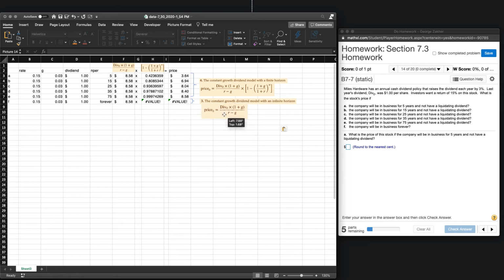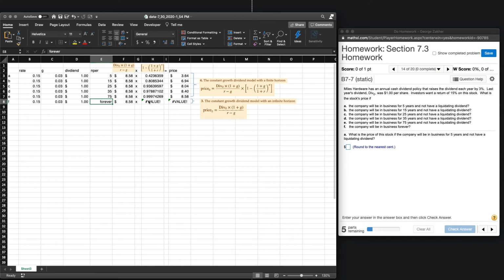If you look at this, technically, the higher the number of years... well, let's talk about it for a moment. Remember, R minus G. We know that R is greater than G, correct?